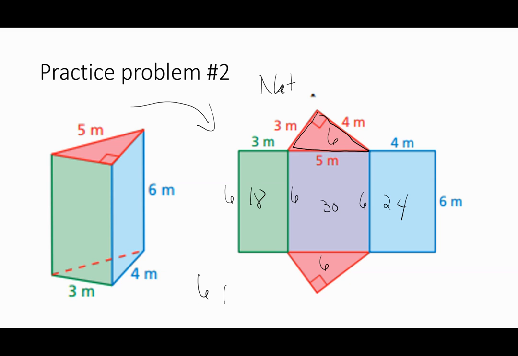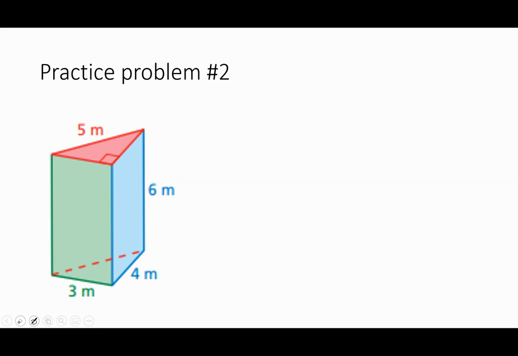So we have 6 plus 6 plus 18 plus 30 plus 24. So you can do it either way by opening it up into a net. That's what this is called, is a net. And then we can view it as a composite figure. All right, let's take a look at another one.